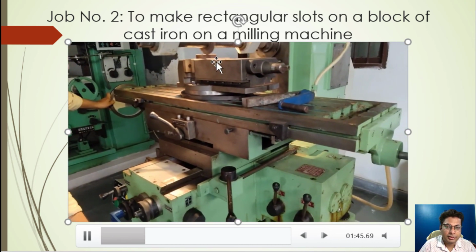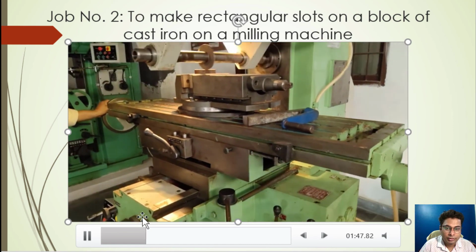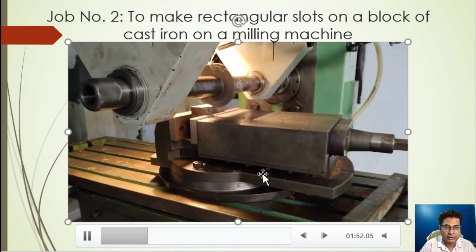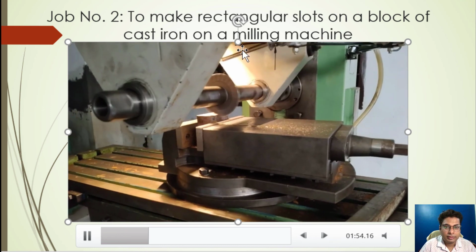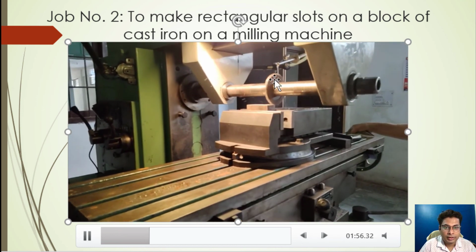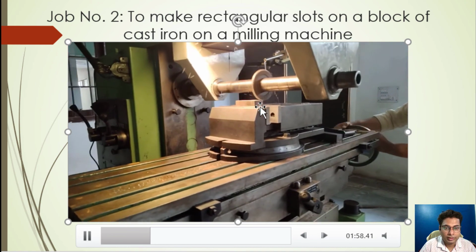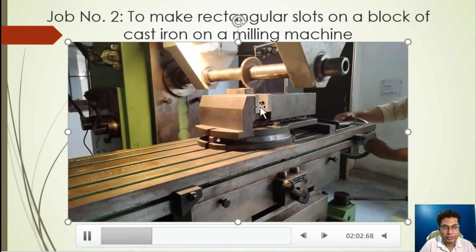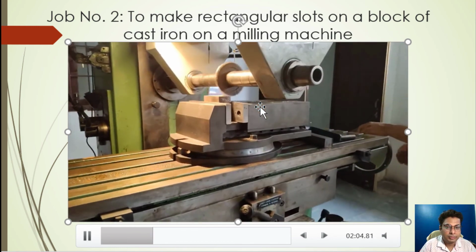Depth of cut is being controlled by the lever which he was holding in his right hand. Cutting fluid is being poured onto the cutter in order to control the cutting temperature. Otherwise, tool failure may occur very easily.